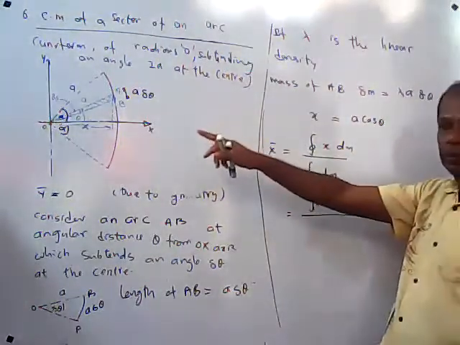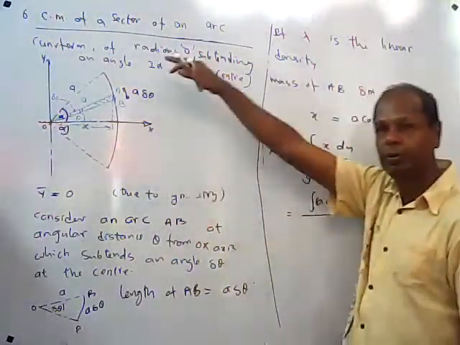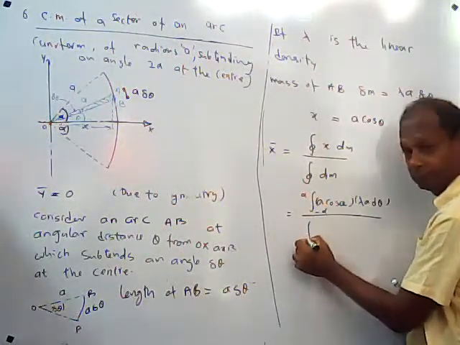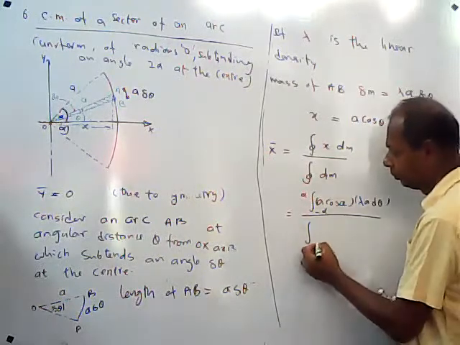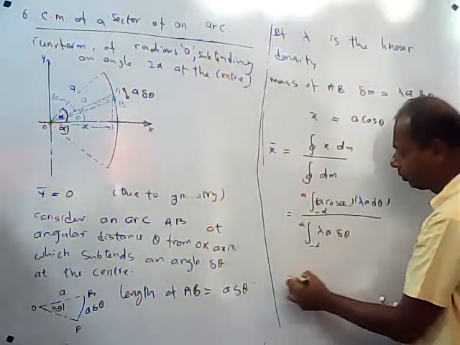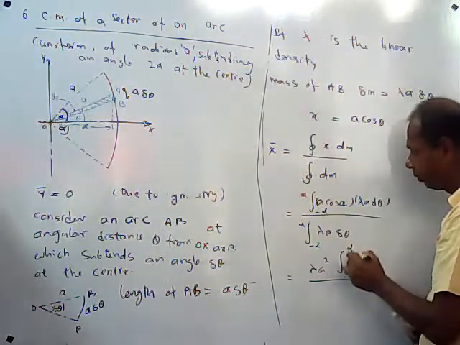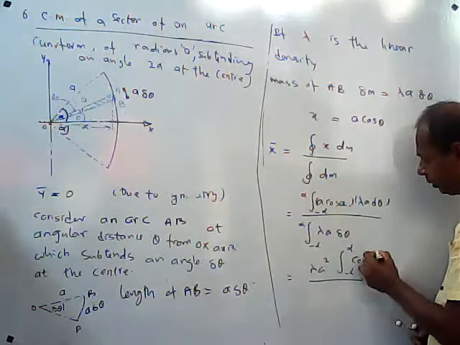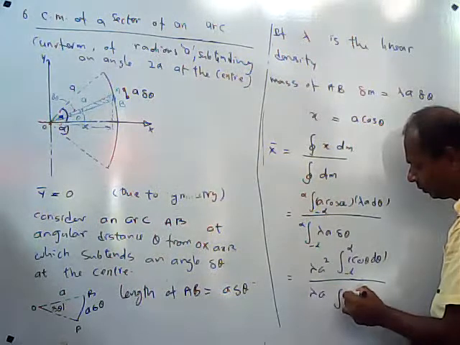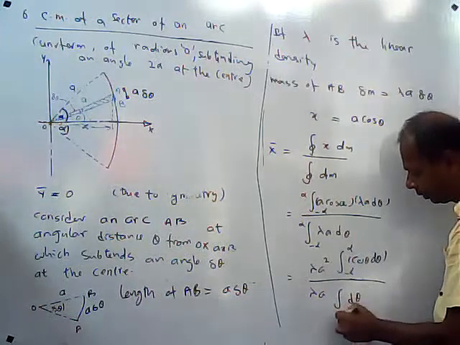Theta goes from minus alpha to plus alpha. Lambda a squared is a constant, so we have the integral from minus alpha to plus alpha of cos theta d theta, over lambda a times the integral of d theta from minus alpha to plus alpha.